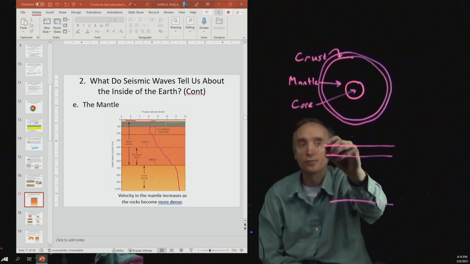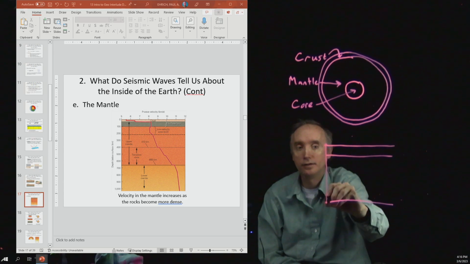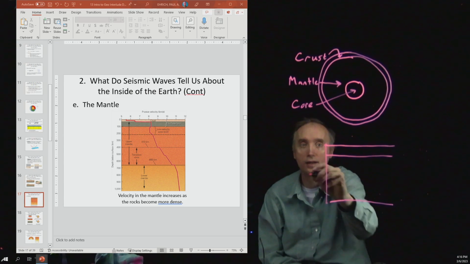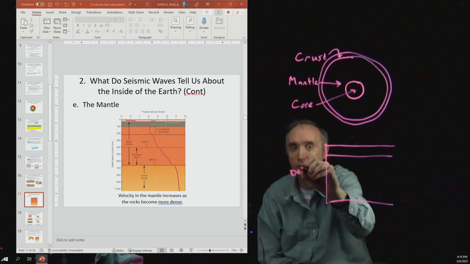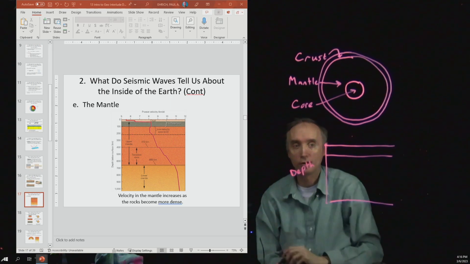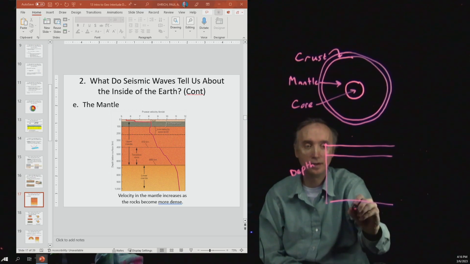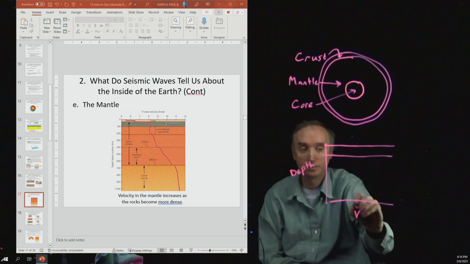Okay, so you might get the idea that if we were to make a graph here, and so let's say that going up and down is going to be the depth in the earth, and then going this way is going to be the speed v.